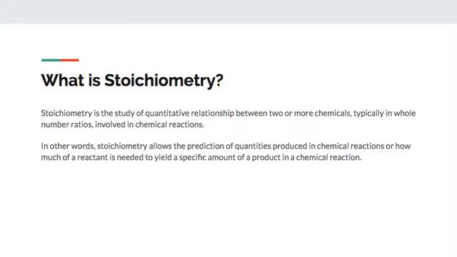Basically, what that means is stoichiometry allows us to predict the quantities, which means amounts, produced in chemical reactions, or it allows us to see how much of a reactant is needed in order to yield a specific amount of a product in a chemical reaction. Essentially, it's taking chemical reactions and studying the amounts of all of the different chemicals, the reactants and the products.